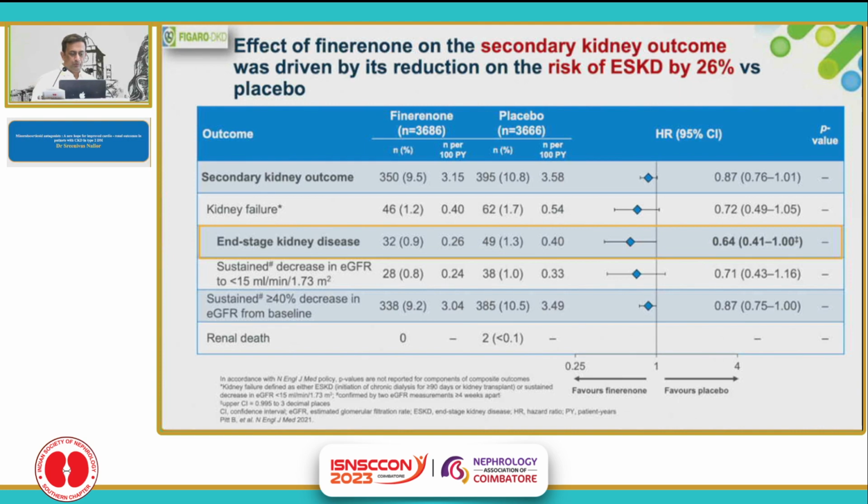To be noted is the main effect is by decreasing the risk for end-stage kidney disease. Because in Figaro DKD, you are using the finerenone in early stage CKD patients. So you are giving a drug which is beneficial and thereby preventing ESKD.